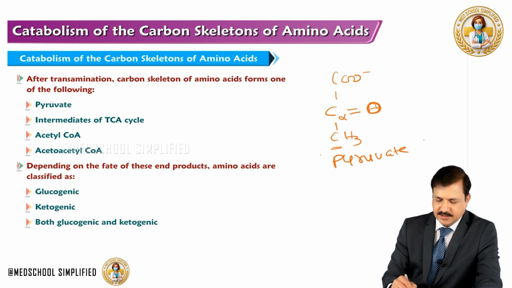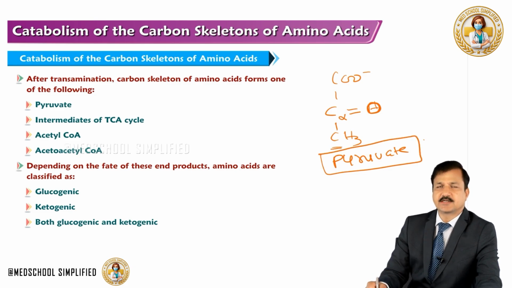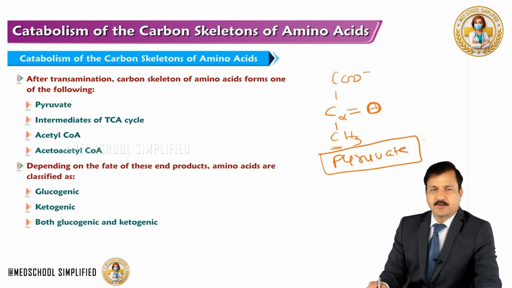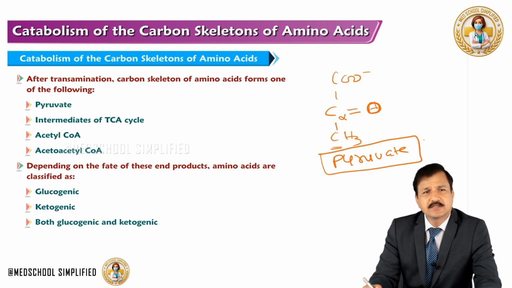After the transamination reaction, the carbon skeleton remaining from alanine is pyruvate. So what will happen to the pyruvate? That is the catabolism of carbon skeletons of amino acids.